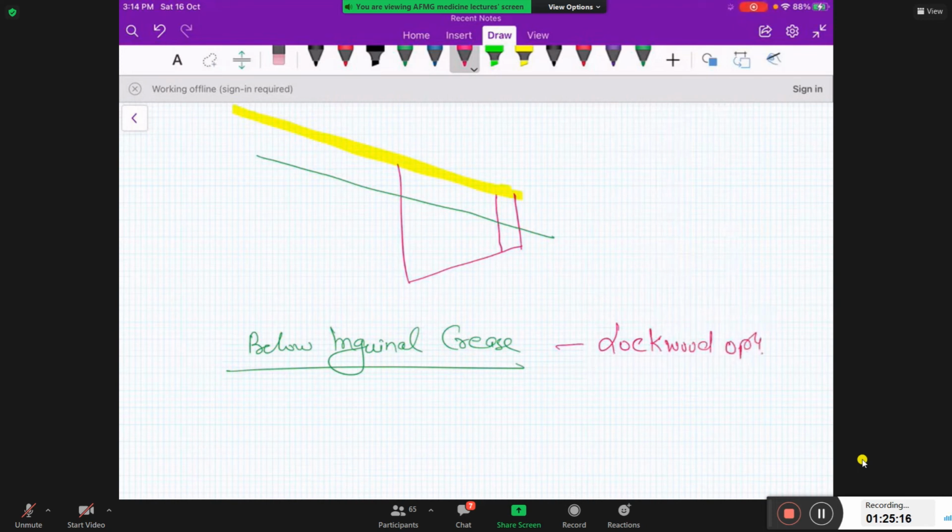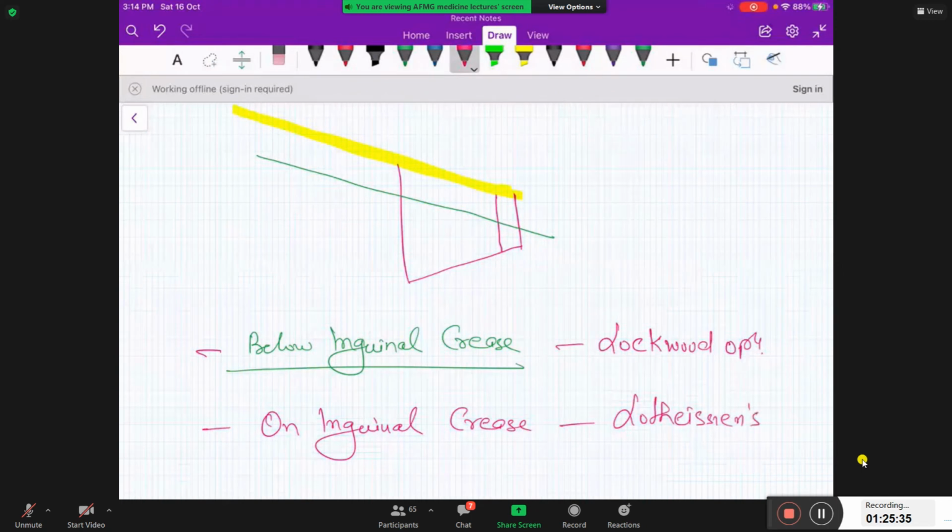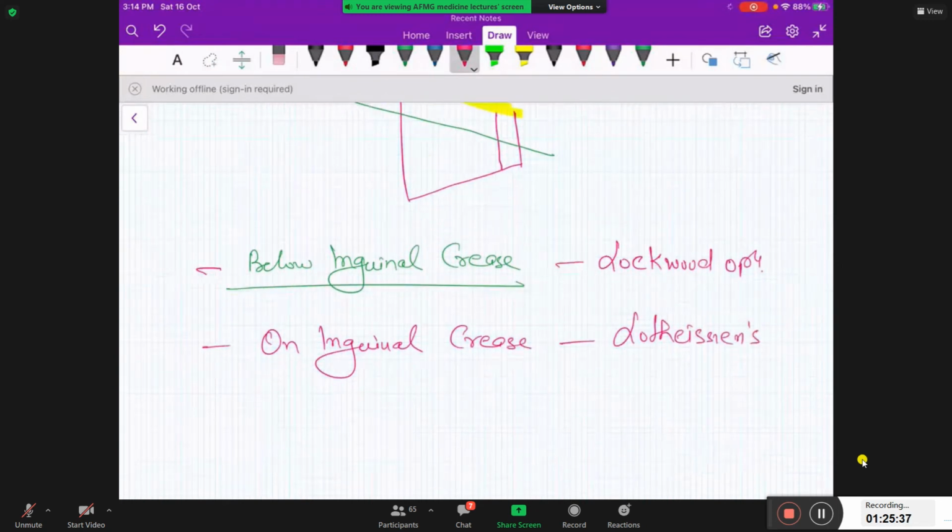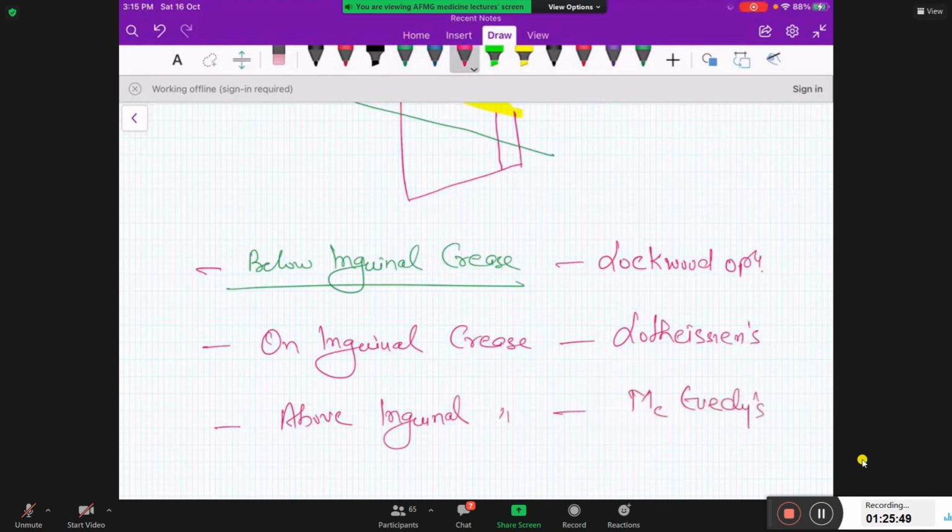When you give an incision on the inguinal crease, it is called Lothesian's operation. And when you give an incision above the inguinal crease, it is called McEvedy's operation.